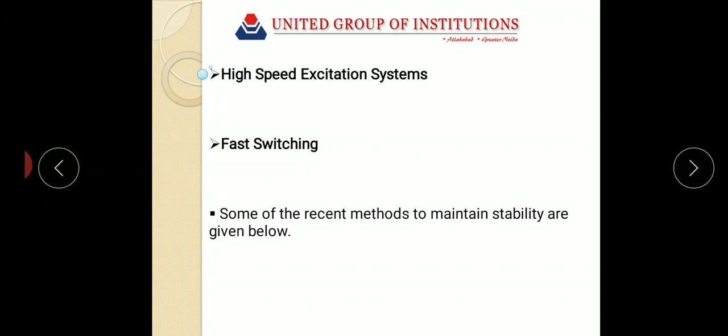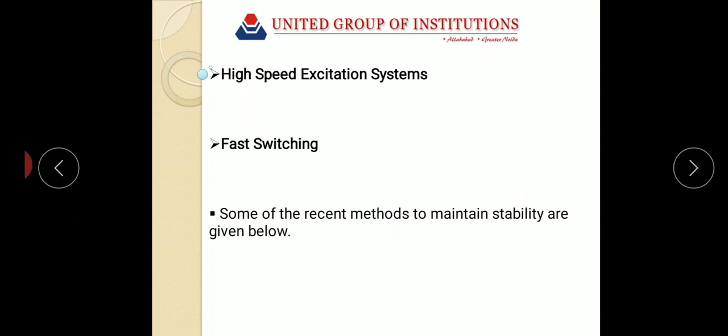So the time interval between line removal and reclosure should be reduced, keeping in mind that the line must remain de-energized for a certain minimum time in order that the line insulation should recover fully.